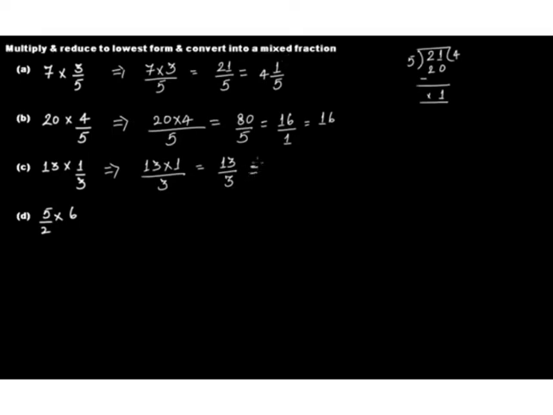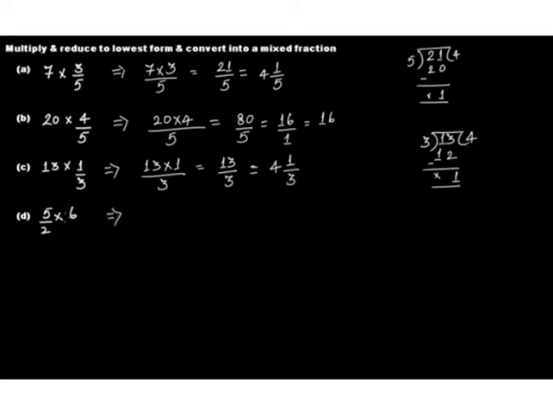So in order to write the mixed fraction, you have to first divide 13 by 3. And this quotient will be 4, and after subtracting 12, you got 1. So this will be 4, that is the quotient, then the remainder, then this divisor.